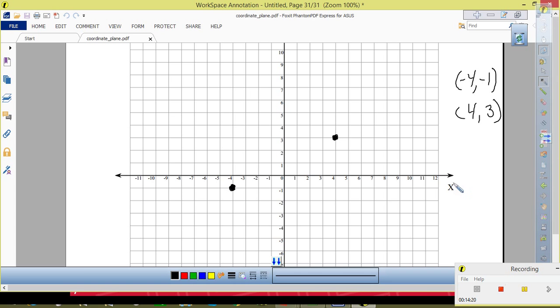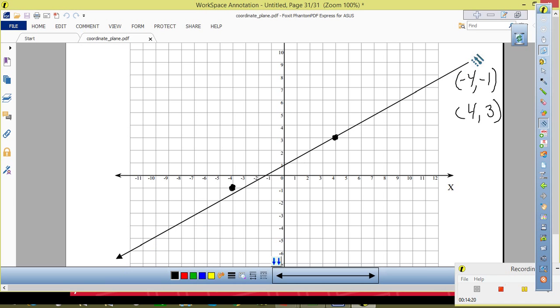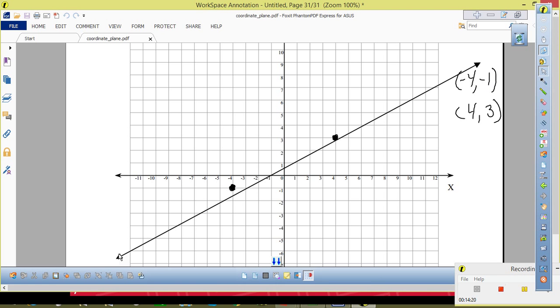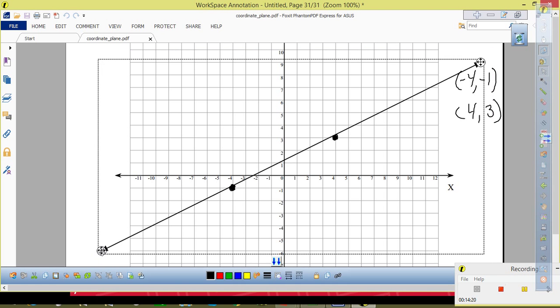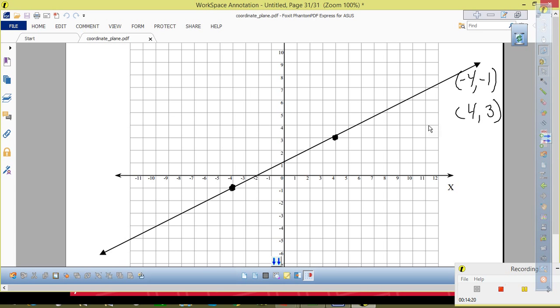Next, you're going to get your ruler, and I want you to draw a line through those 2 points. Make sure you extend it all the way past the coordinate plane. All the way through.